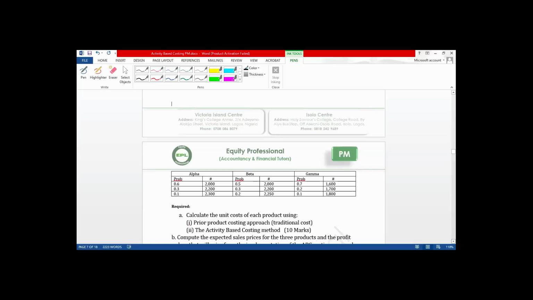Let us deal with requirement A. I want to calculate unit cost. That is cost per unit. Cost per unit of each product using prior product costing approach.